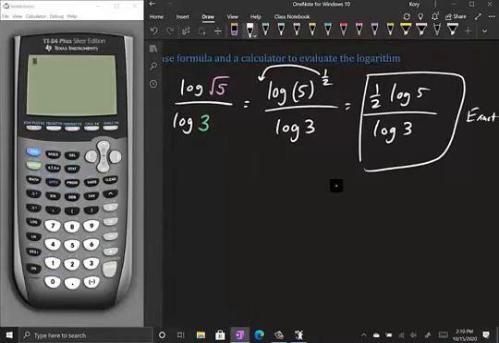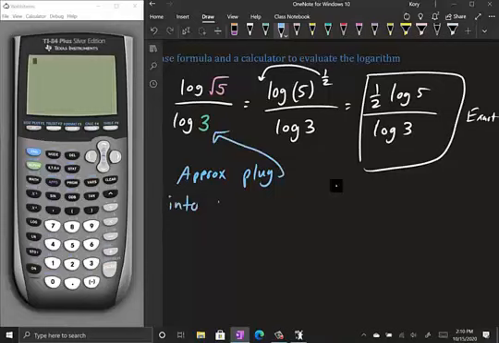For the approximate, we use our calculator. If you want the approximate, we're going to plug that into the calculator, because your calculator knows the square root of 5. We don't, but your calculator does. So for the approximate, we plug the first one in.